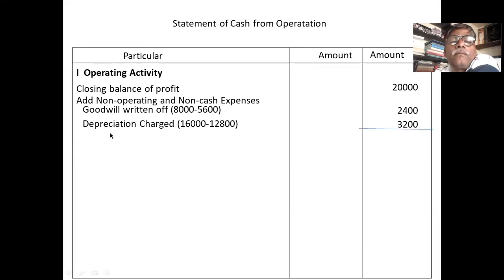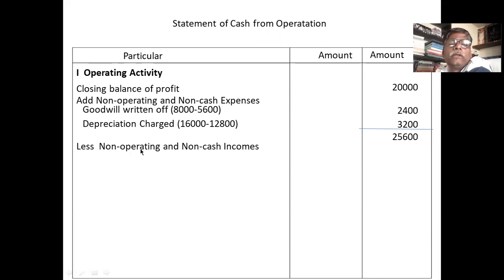This is the total of non-operating expense and non-cash expense. Then next you deduct, less non-operating and non-cash incomes. Under that there is no income, so you deduct the profit.